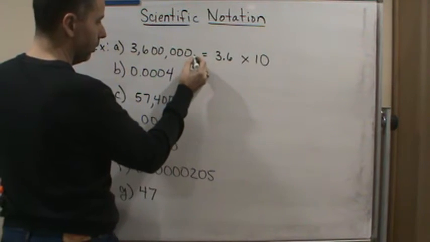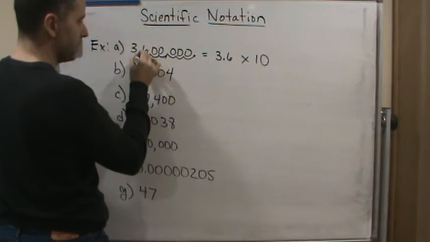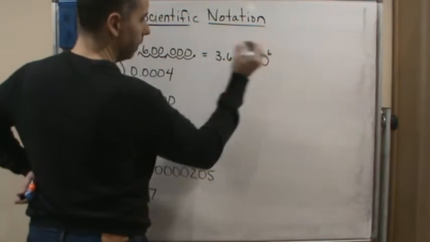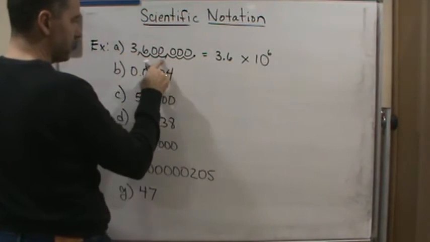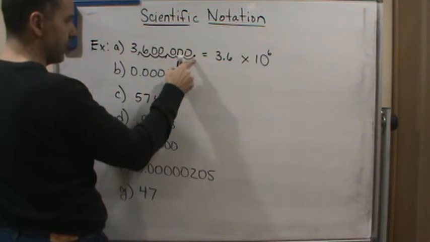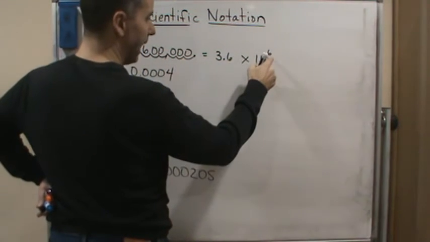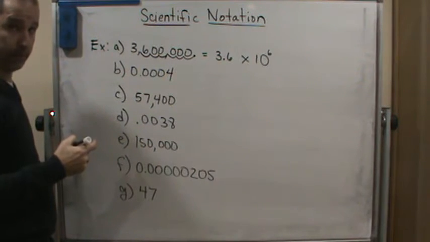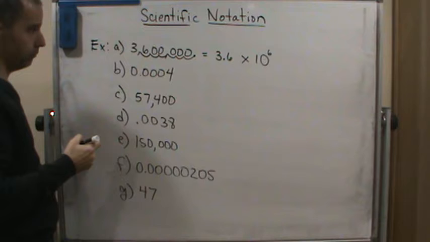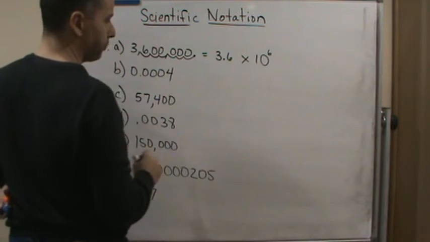Well, 1, 2, 3, 4, 5, 6. So it's 6. If I count the number of decimal places that I have to move my decimal point to get to 3.6, then that gives me what power of 10 I need to multiply by. Okay? So this is the answer.